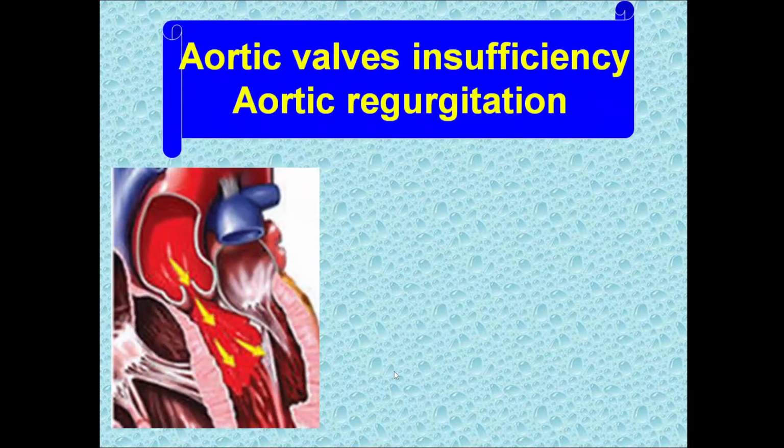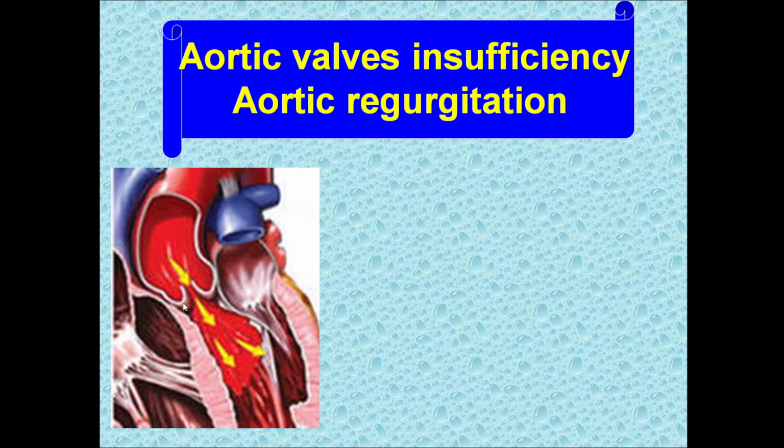And last heart defect on which we'll stop today is aortic valve insufficiency or aortic regurgitation. It is manifested with unclosed aortic orifice during diastolic period.